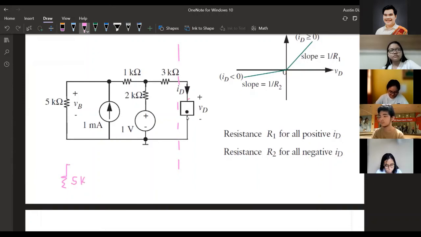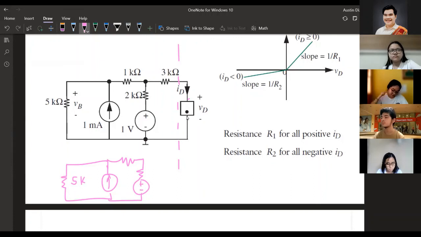5K. Ay, mali. Okay, ganyan na siya. Resistor, voltage. Magiging R1 na siya, kung ano mang R1 value, yung 3K, 2K, 1K.